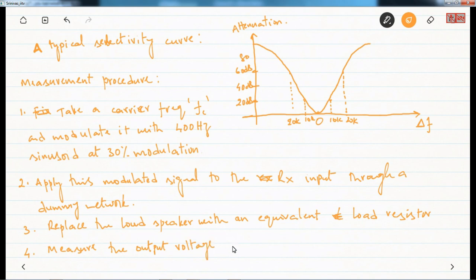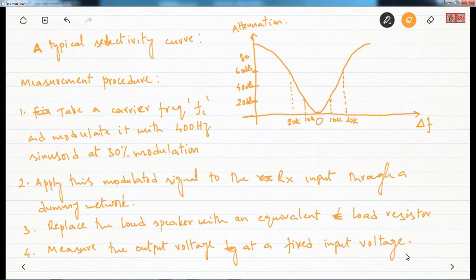Measure the output voltage at a fixed input voltage. Here comes the difference. In case of sensitivity, we kept increasing the input voltage and observed when we would get the 50 milliwatt output power. Here that's not the case.